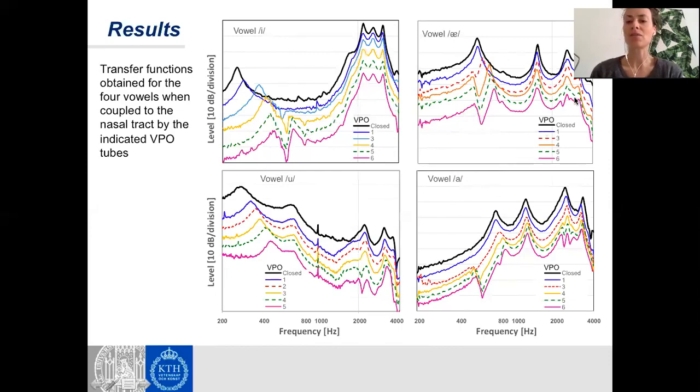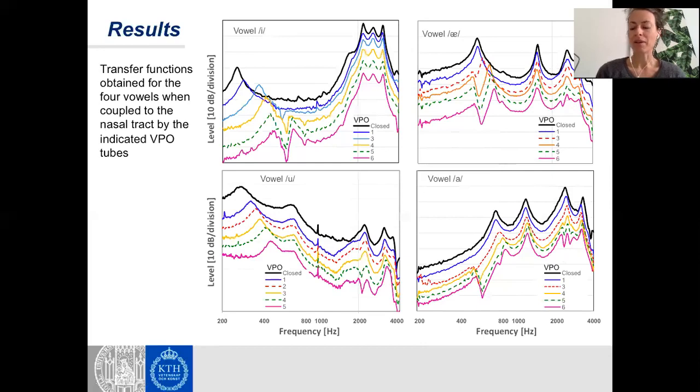Also in this case, you have some effects on the high frequency region as well. So this is to demonstrate the systematic effects of the coupling with the nasal cavity by different VPO sizes.